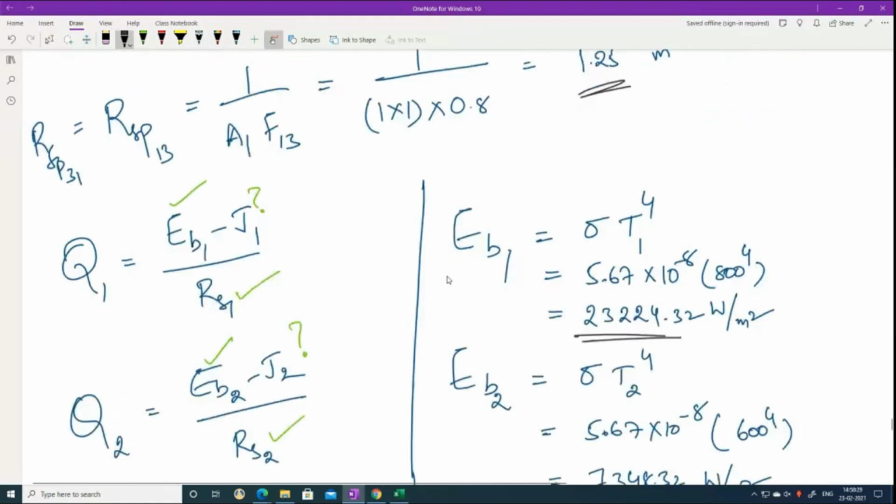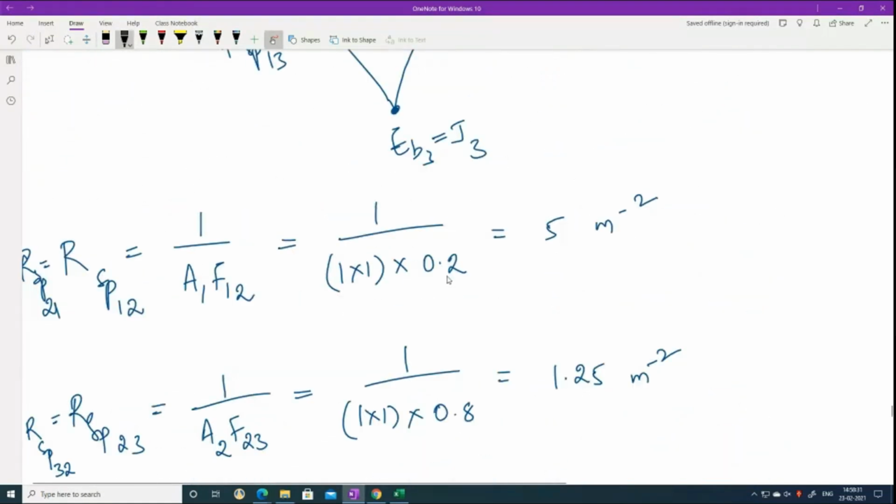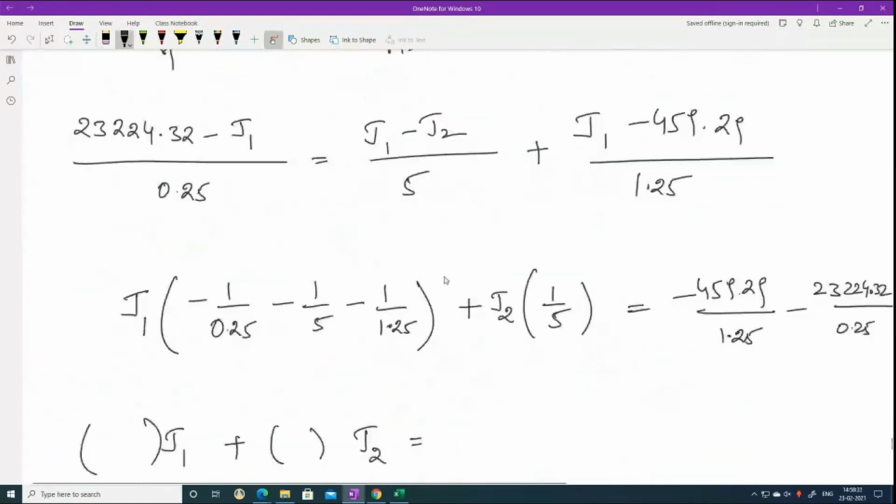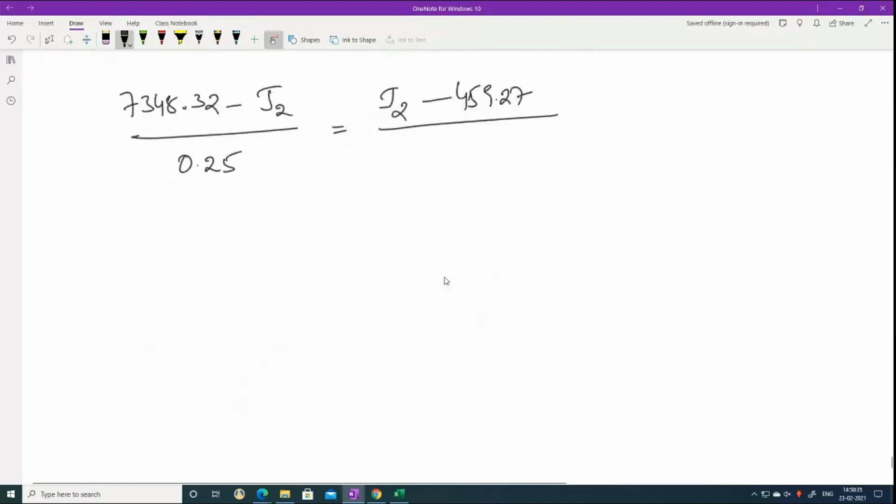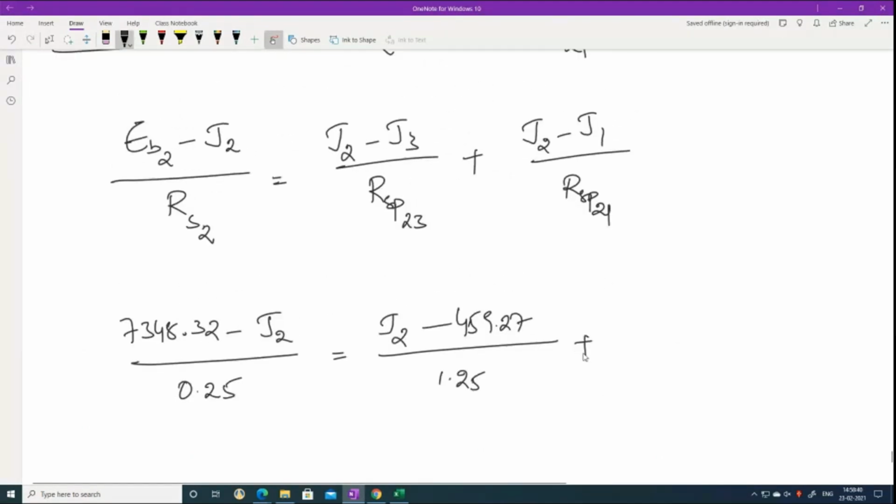RSP23 is 1.25, plus (J2 minus J1) by RSP21. RSP21 is 5.